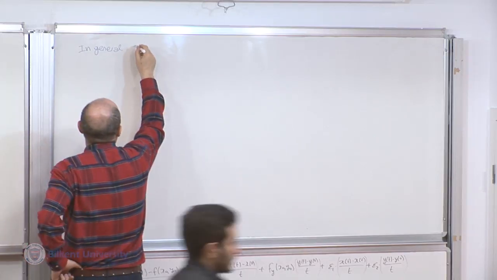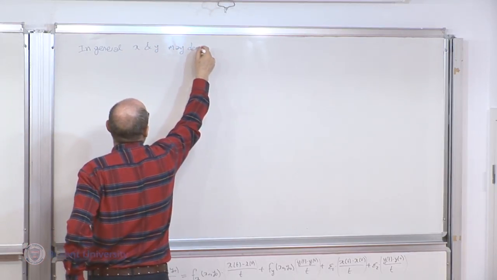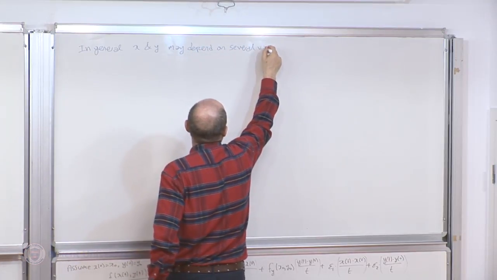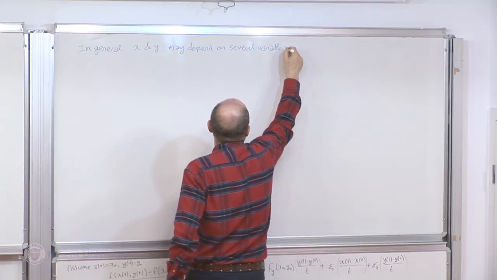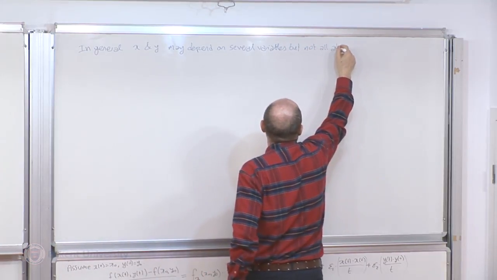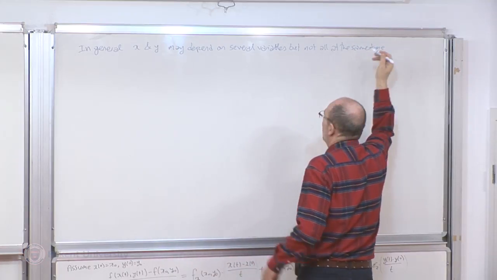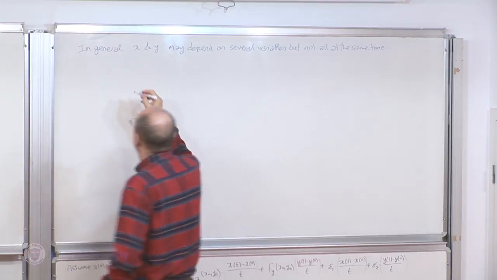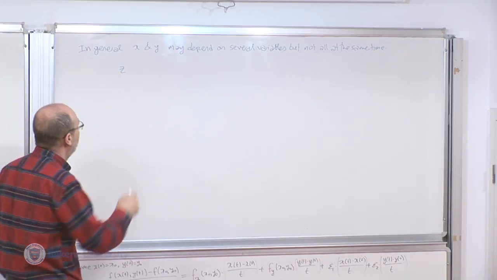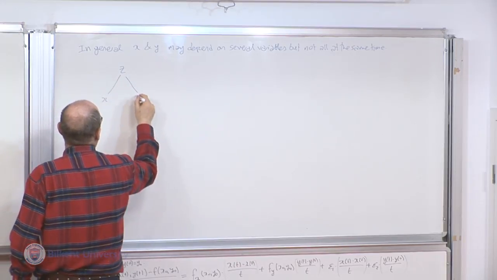In general, x and y may depend on several variables, but not all at the same time. What that means is the following. We have this function z, which depends on x and y.